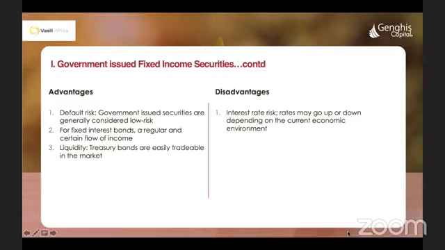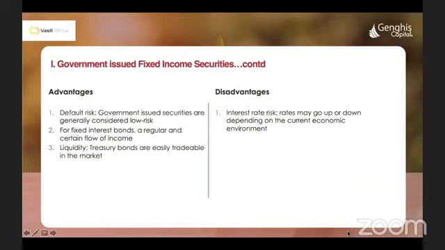The major disadvantage is what we call the interest rate risk. Interest rate risk means in fixed income, the value of an instrument is usually inversely related to the level of interest rates. When rates go higher, my bond valuation goes down.